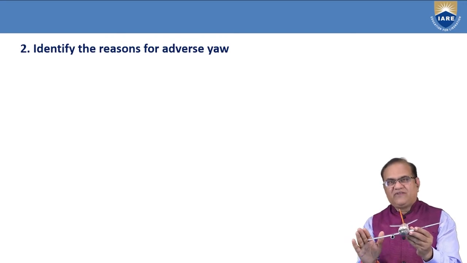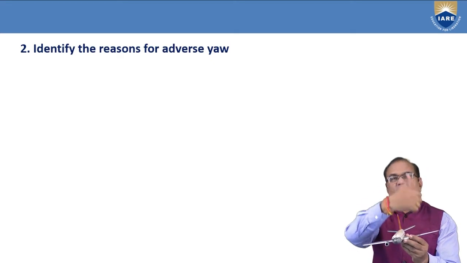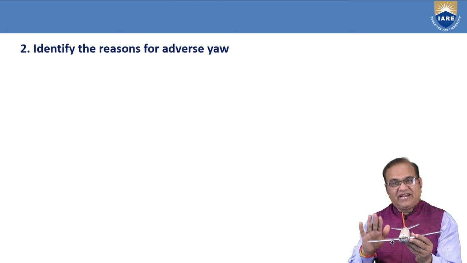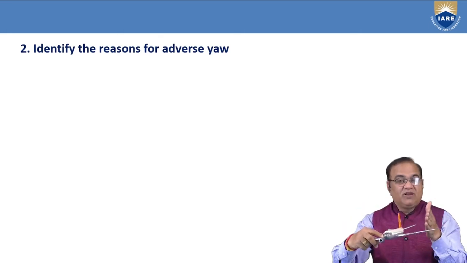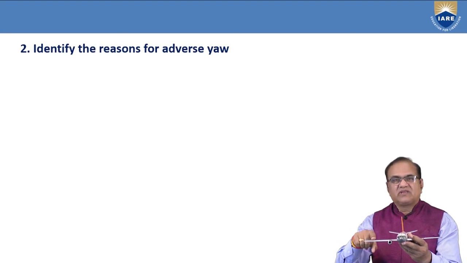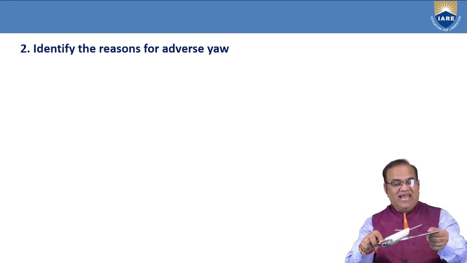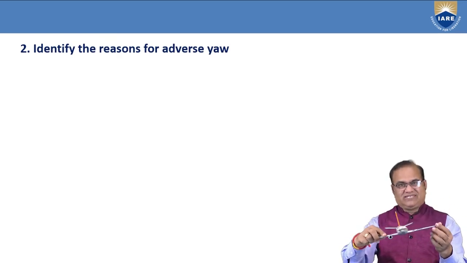If I roll right wing down, as I told you, the left wing will generate more lift than the right wing. The induced drag generated by the left wing will be more than the right wing. So it should go like this, but this drag will act in this direction, so it will try to move like this.